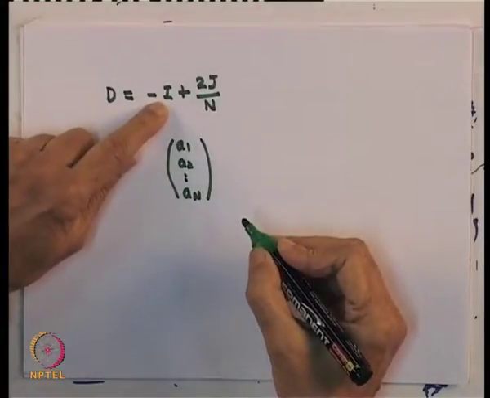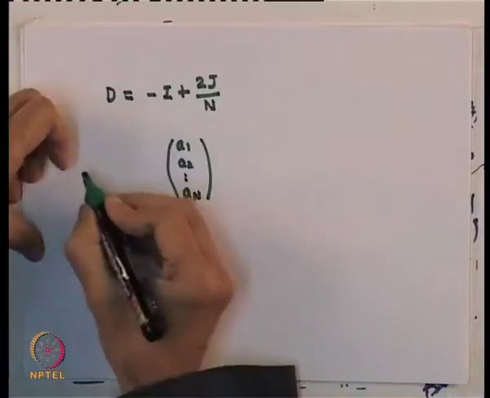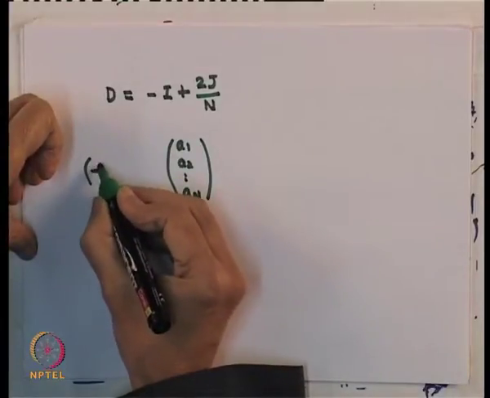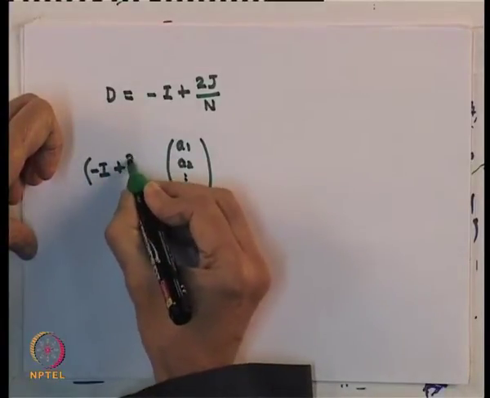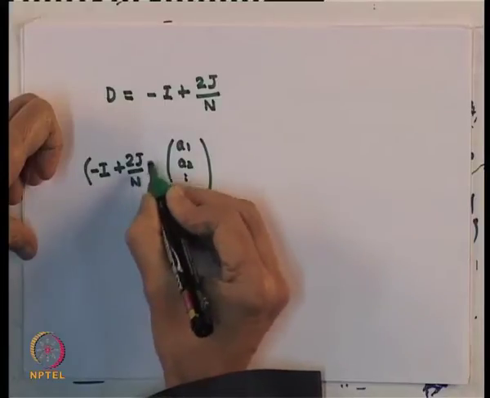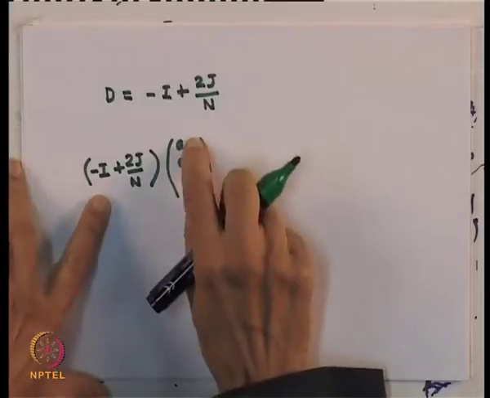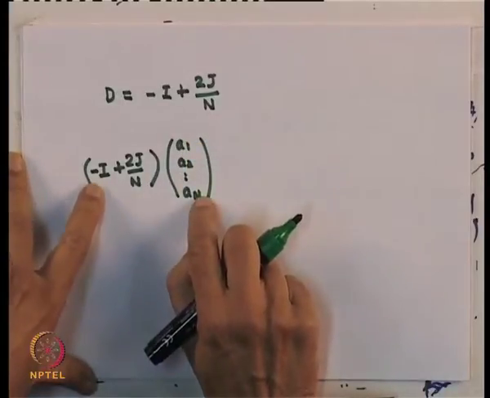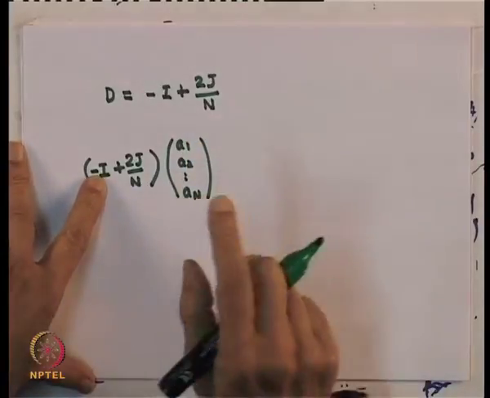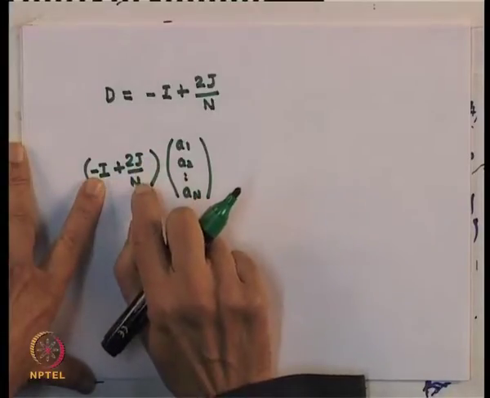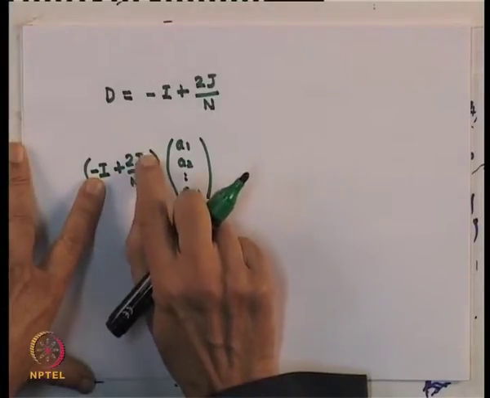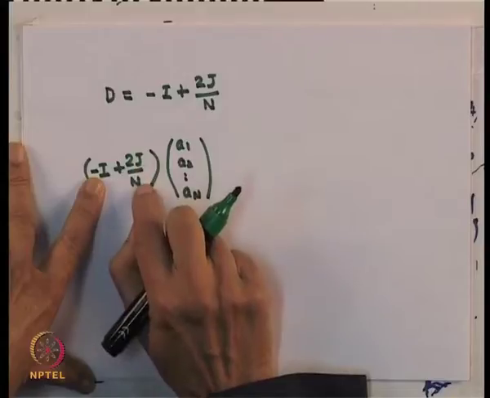First thing to observe is minus I is an identity, so therefore I get minus A1, minus A2, up to minus An, and this J, if you recall, is a matrix whose every element is 1.